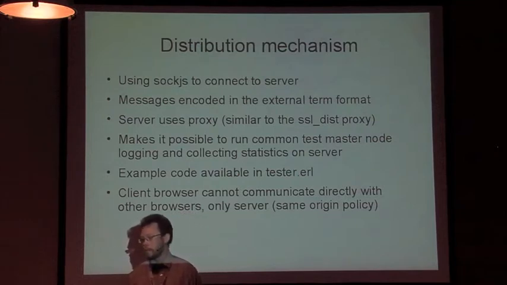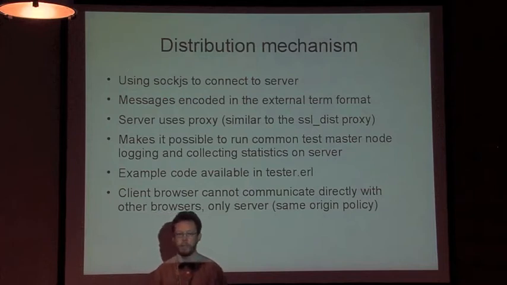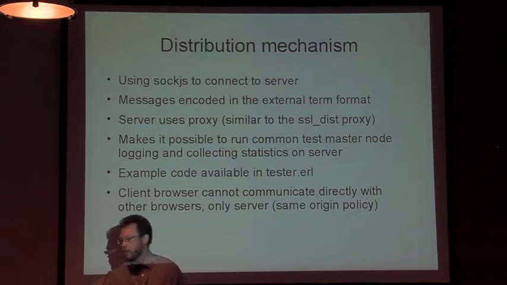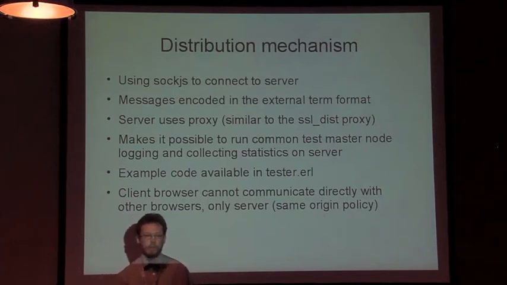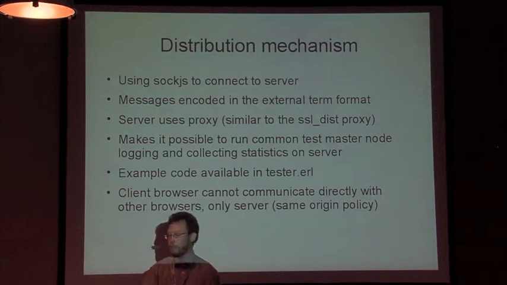And the messages that I pass are encoded in the Erlang external term format, at least to the extent that I managed to reverse engineer it. It's actually quite well documented, I believe. The server uses a proxy similar to the SSL distribution proxy that's available in OTP. The main motivation for me to do this was a proof of concept.